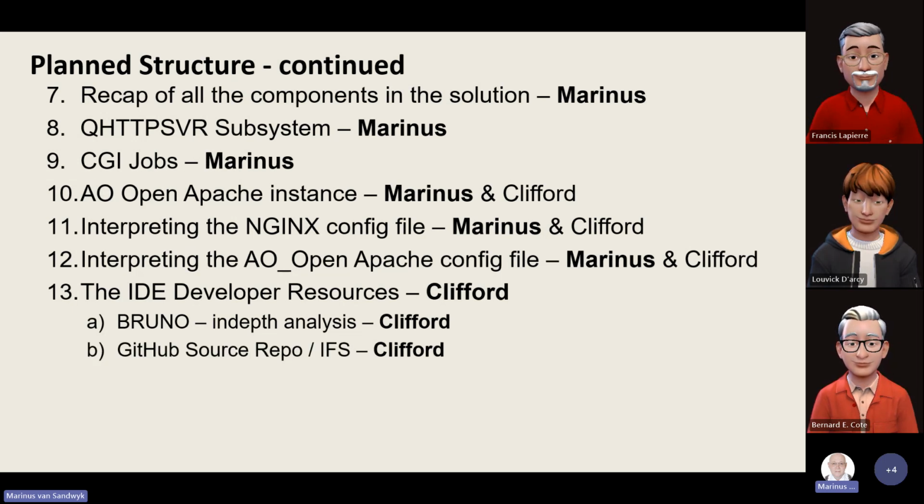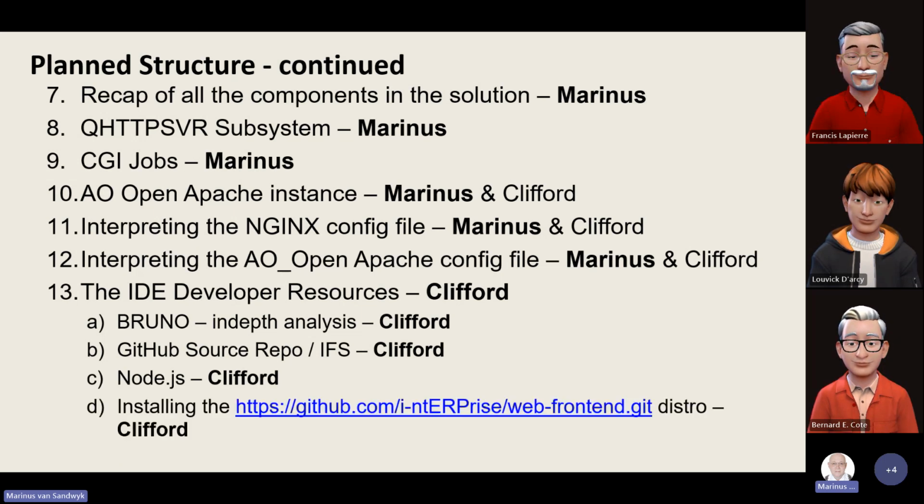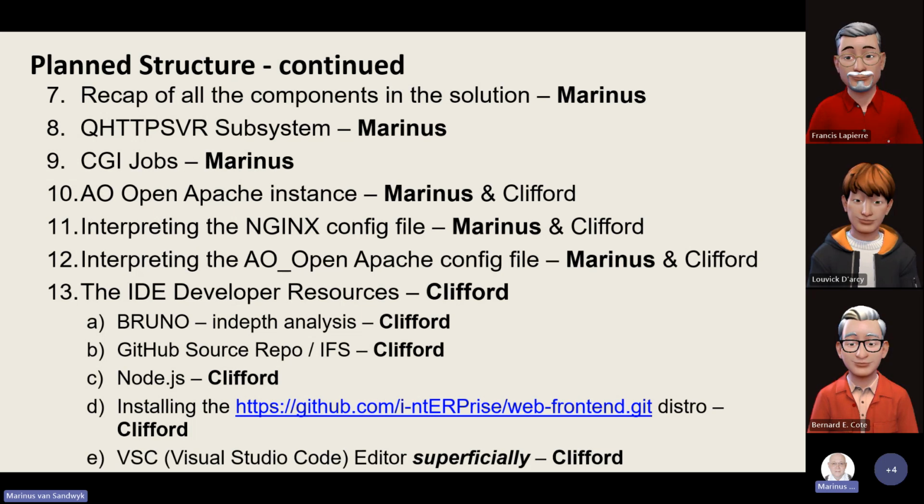He will briefly talk about the GitHub source repos and the integrated file system and how we're sharing the code at the moment, and also where the intentions are longer term. He will talk briefly about Node.js, and he will also talk about installing the distro briefly, or working on alternative methods in the meantime. And he will superficially discuss Visual Studio Code.